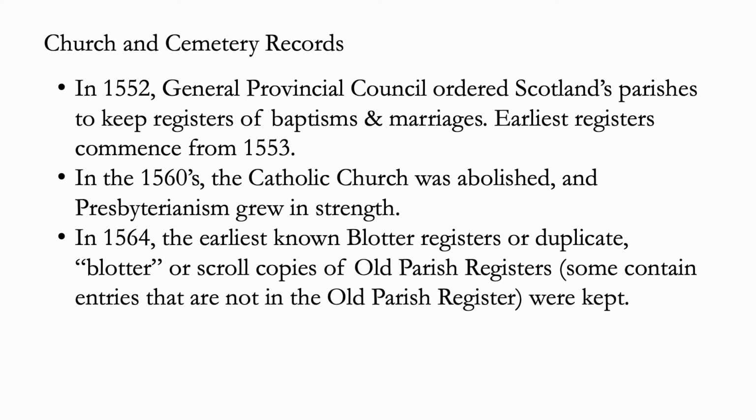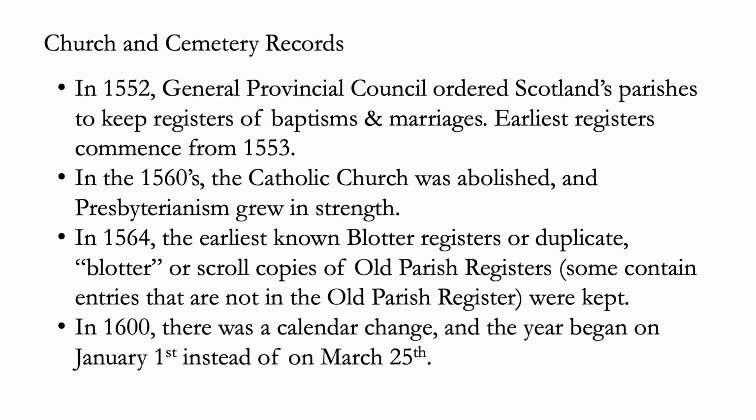The earliest known blotter registers, or duplicate blotter or scroll copies of old parish registers, date from 1564. Some of the blotter registers contain entries that are not in the old parish registers. In 1600, there was a calendar change, and the year began on January 1 instead of March 25th.